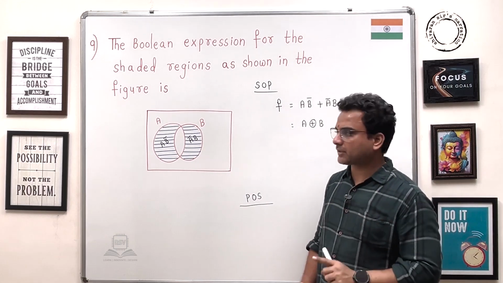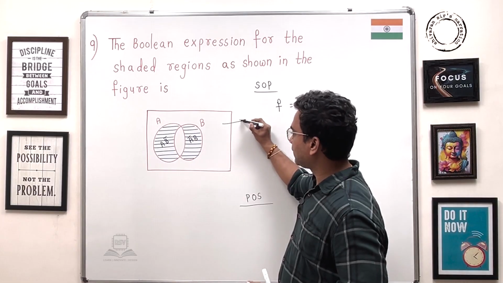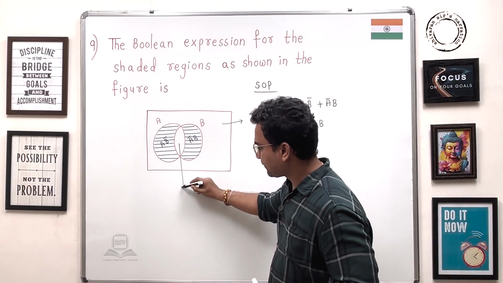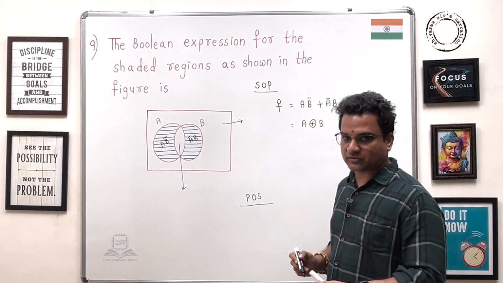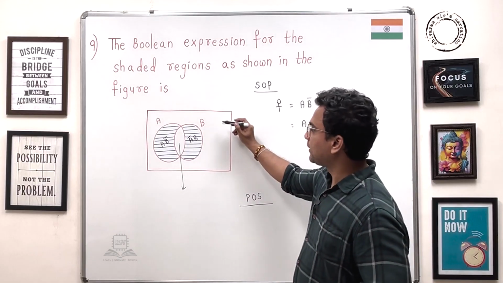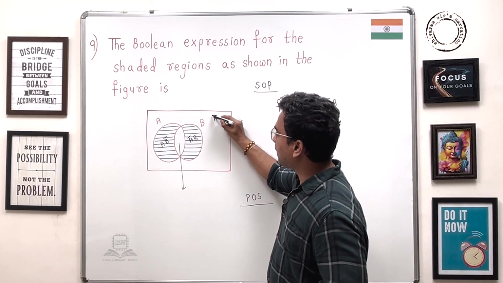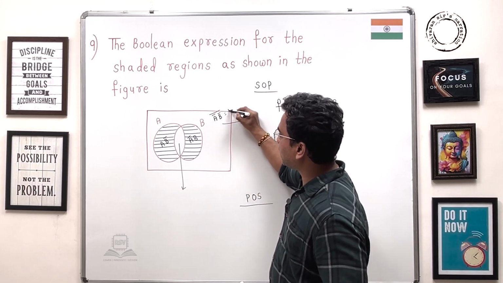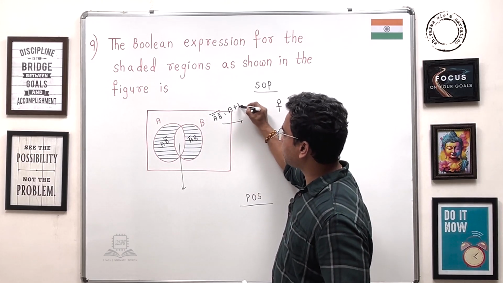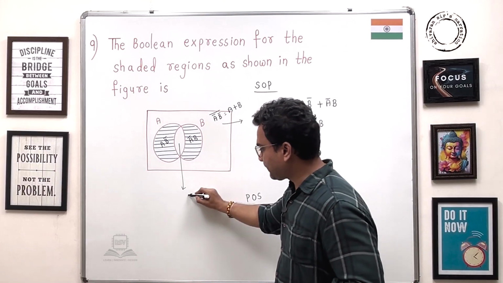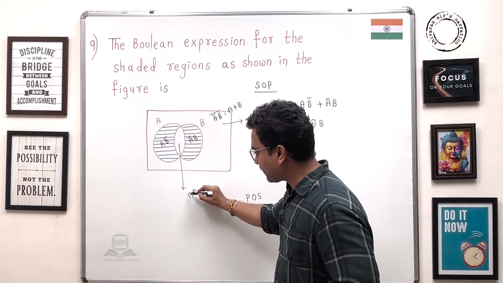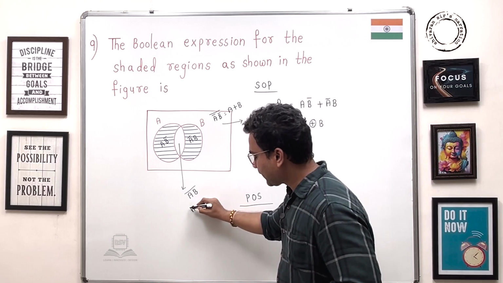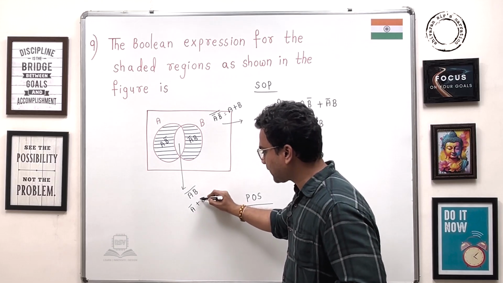Where it is not selected? Here and here. If it is POS form, what it will be? Usually it is A bar, B bar, right? Then if you apply bar again, you will get A plus B. And this will be AB. If you apply bar, you will get A bar plus B bar.